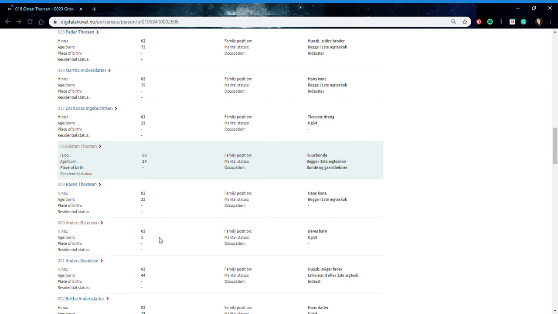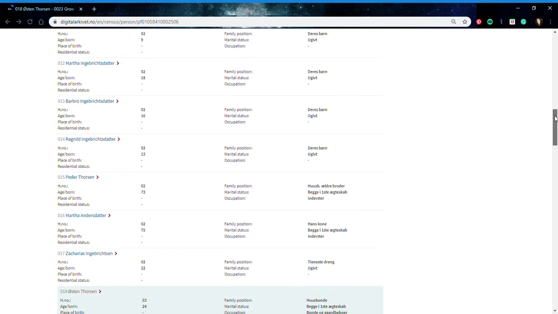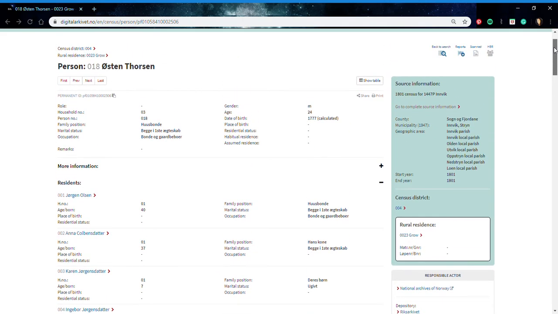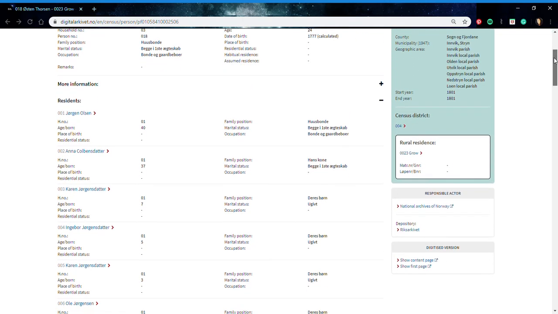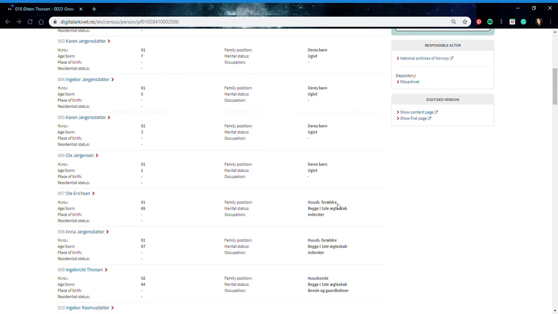A thing to understand about the census records is that here we have several families living at Grove Farm. So it starts always with the head of one of the families. So this is the head of the first family, husbonde or husband, his wife, their child, their child, their child, their child, husband's parents, father, mother.